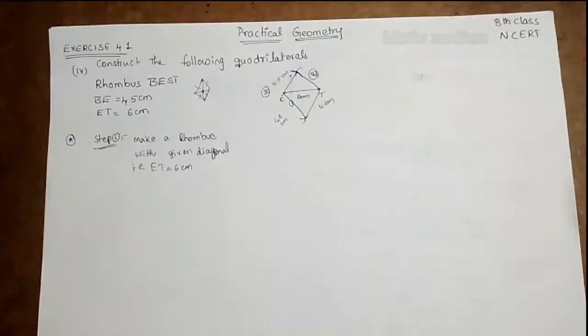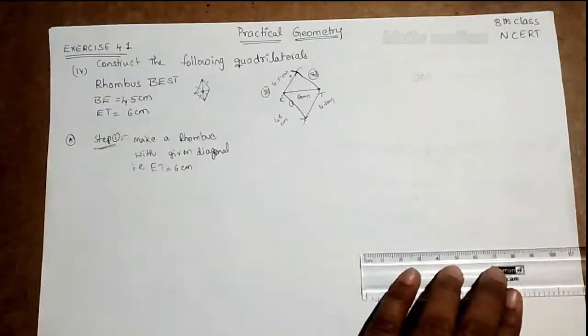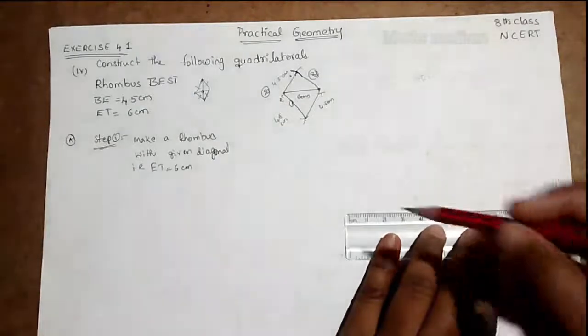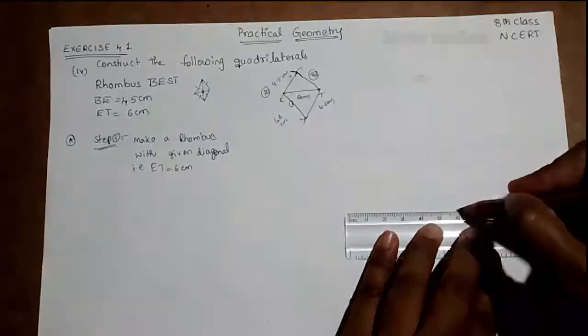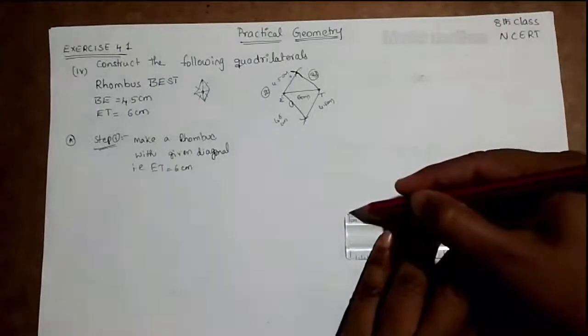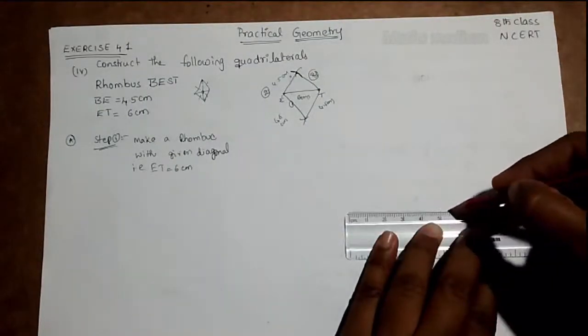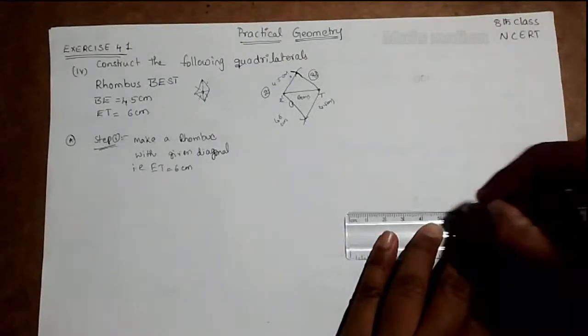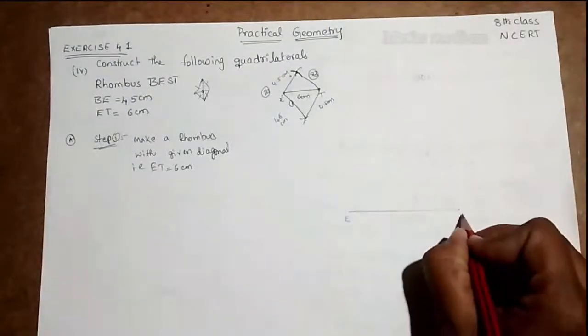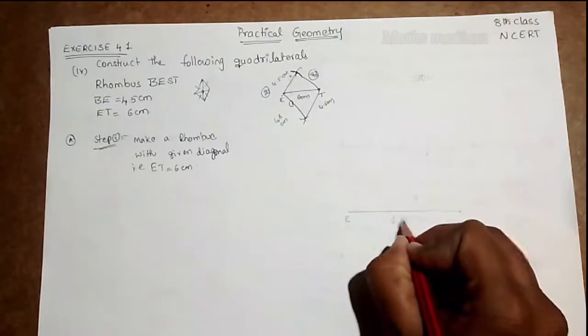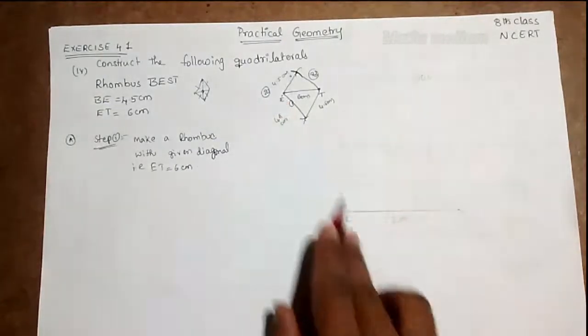Draw 6 centimeters as ET. Take this as point O, that is 0, and this is 6. Make a line. Let it be point E and point T, 6 centimeters. So this is step 1.